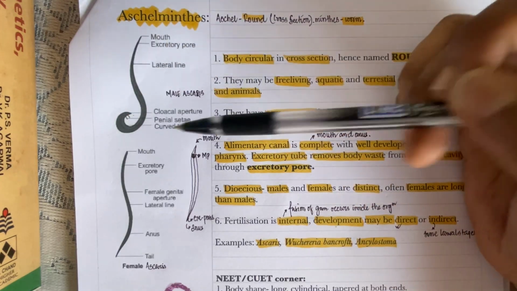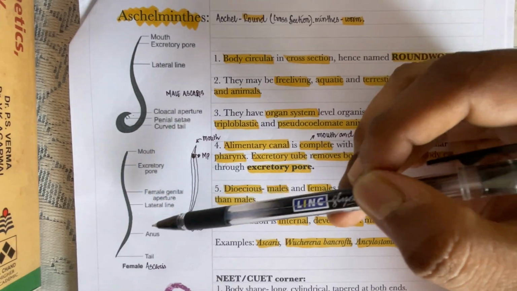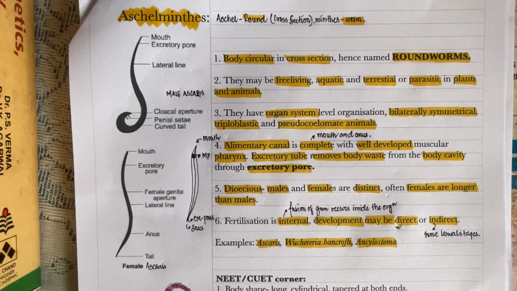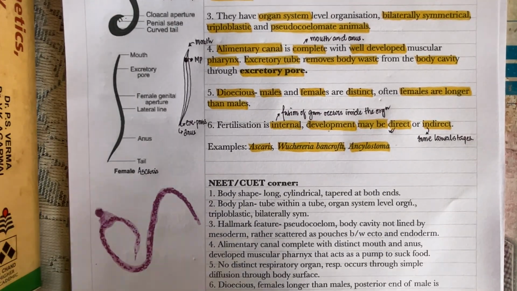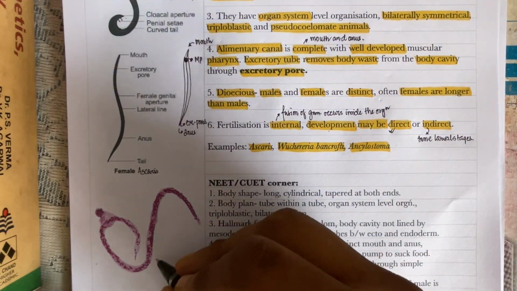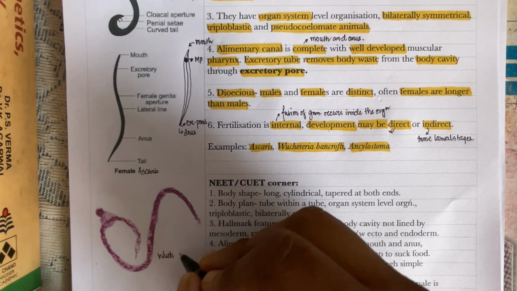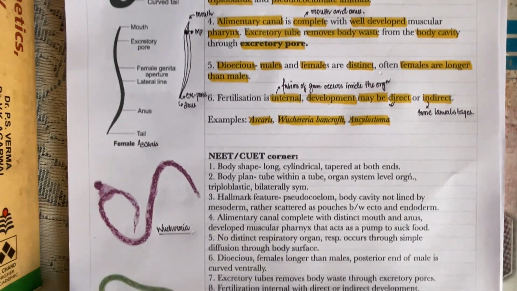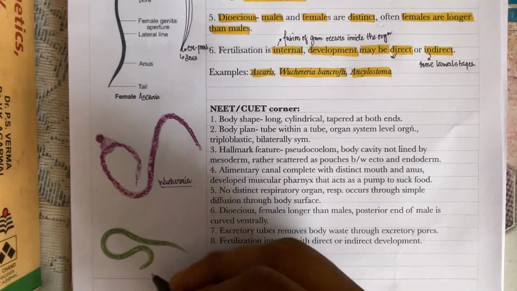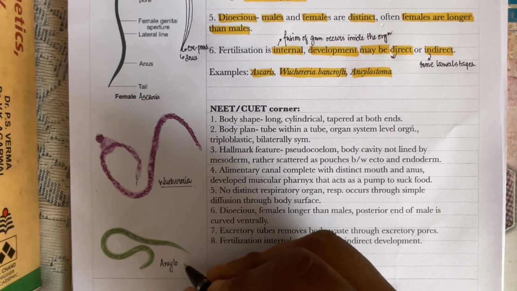They have excretory pore, mouth, female genital aperture, lateral line, anus, tail, everything is present, right? The next diagram, what you can see here, is of Wuchereria bancrofti, and the third diagram, this one, is of Ancylostoma.